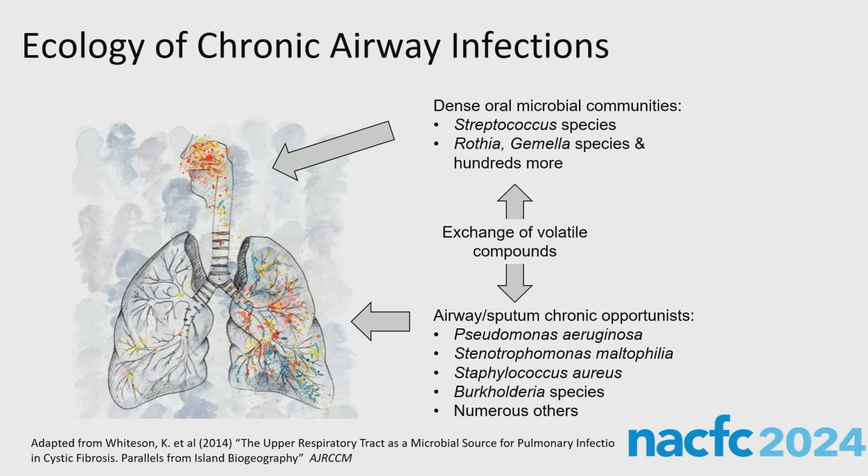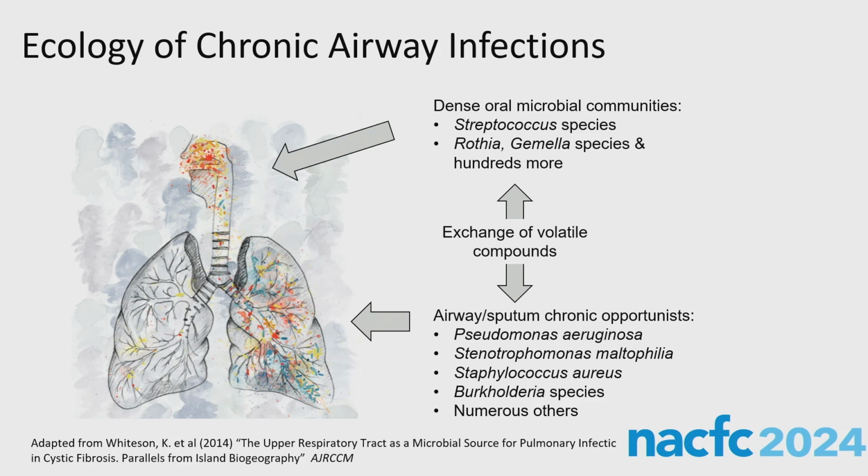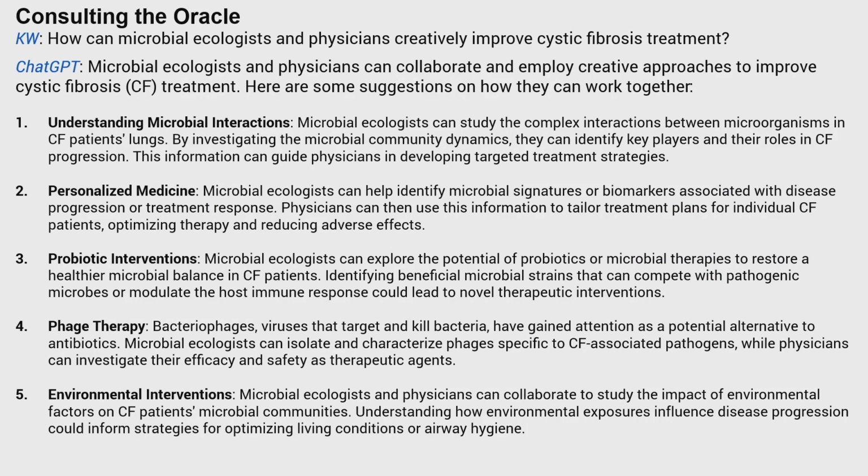And regardless of their proximity to one another, which I love to see, we're actually getting some biogeography data, like the MyPack data we saw earlier this session. But even if you don't know anything about the biogeography, we know that there's exchange of volatile compounds and other metabolites that can travel. That could be driving some of the altered microbial physiology and helping the chronic opportunists colonize, which really has been a theme emerging in this session that I've enjoyed.